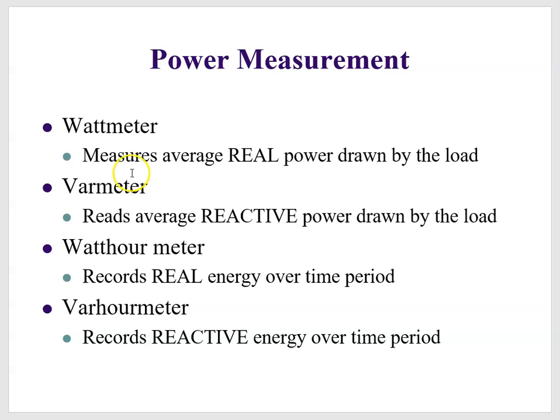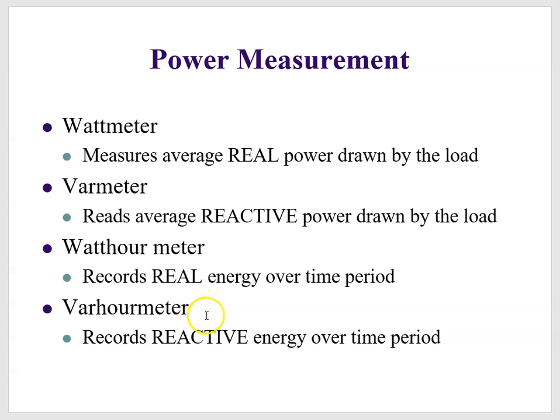Again, in review, for power measurement, we use a watt meter to measure real power drawn by the load, measured in watts, typically kilowatts. We have a VAR meter that reads the reactive power drawn by the load, measured in VARs. We have a watt-hour meter that records the real energy over time, and typically you're charged by the power company in kilowatt hours because you use that much.